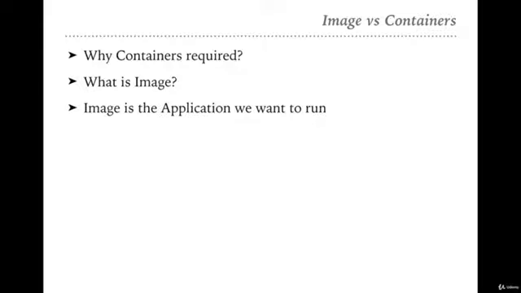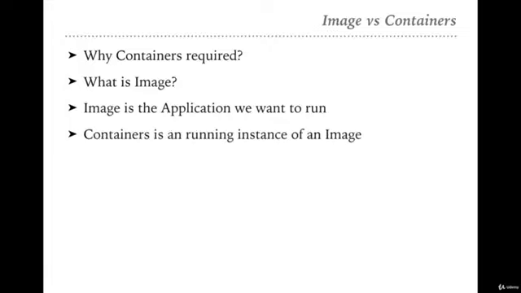So now we are pretty much clear about all these things. An image is an executable format of your application. A container is something which is executing that particular image, or a running instance of that image, and Docker is providing the execution environment to that container.